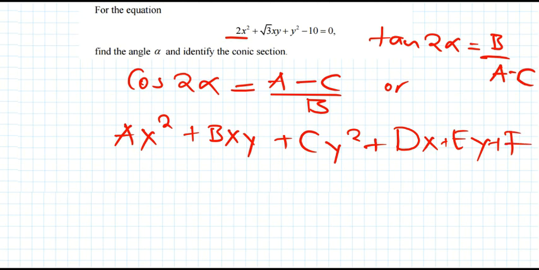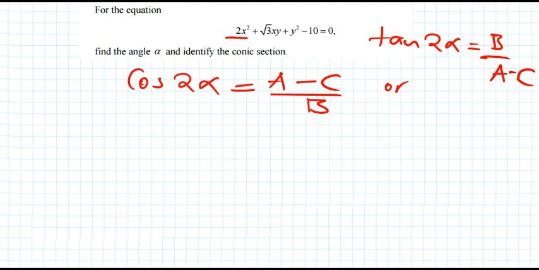So the ones we are interested in are the first three: a, the coefficient of x squared; b, the coefficient of the product, which is the term that we're eliminating; and c, the coefficient of y squared.